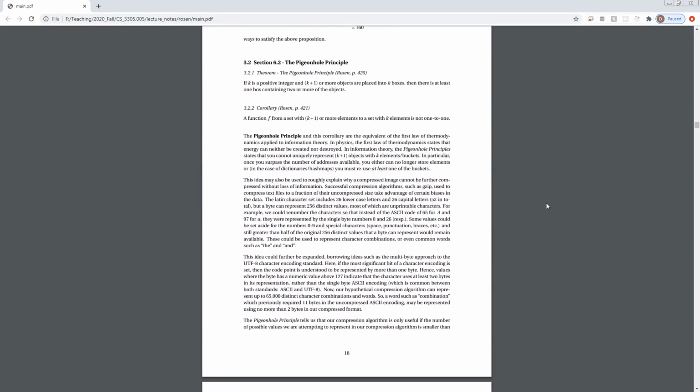Okay, so the pigeonhole principle. It is a really simple concept. Formally, if k is a positive integer and k plus 1 or more objects are placed into k boxes, then there is at least one box containing 2 or more of the objects.